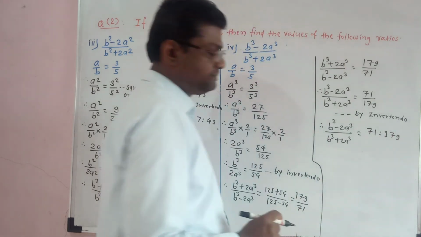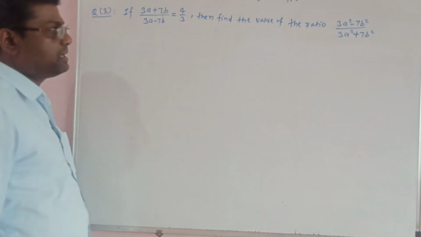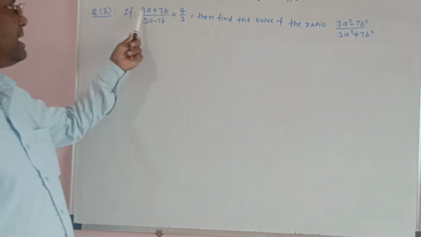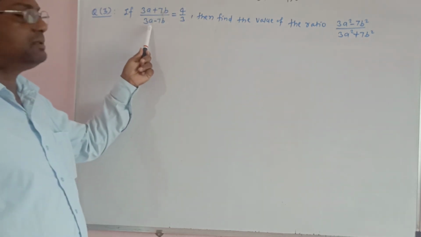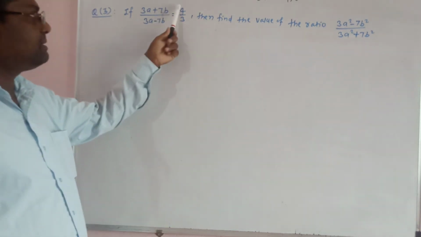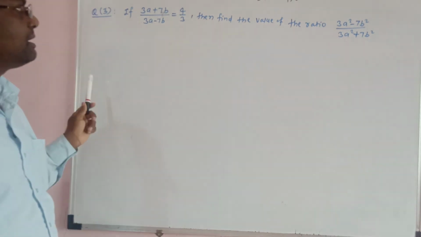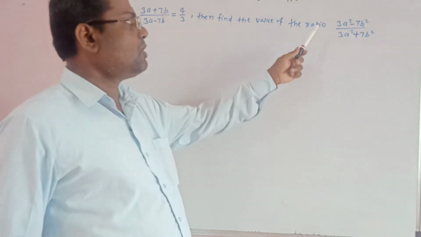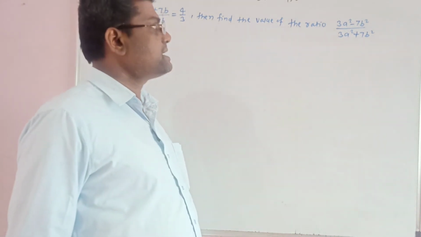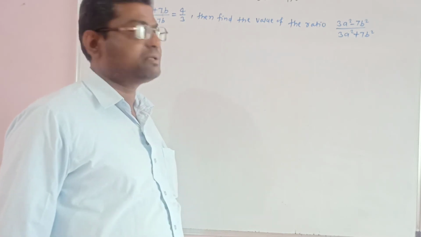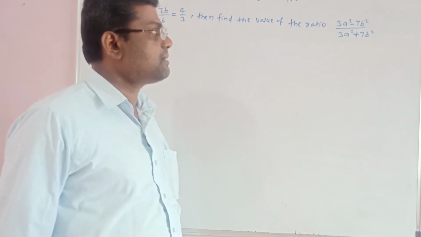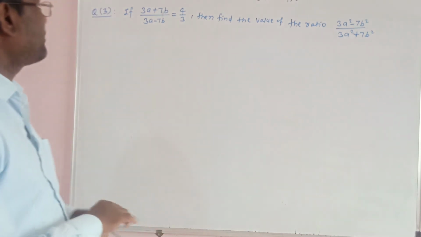Question number 3. If 3a plus 7b upon 3a minus 7b is equal to 4 upon 3, then find the value of ratio 3a square minus 7b square upon 3a square plus 7b square.